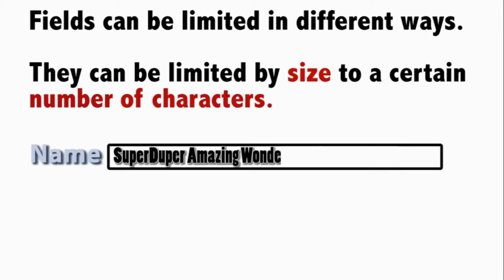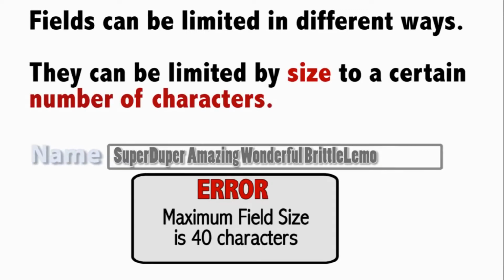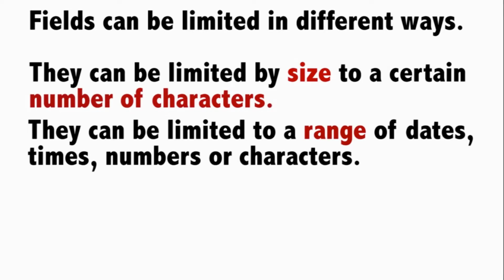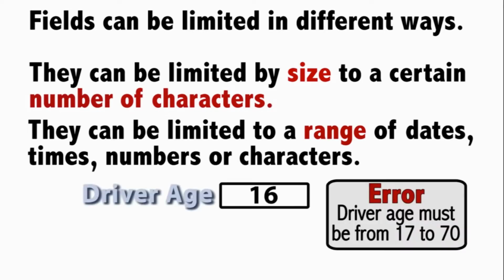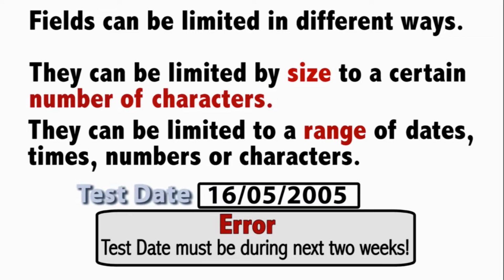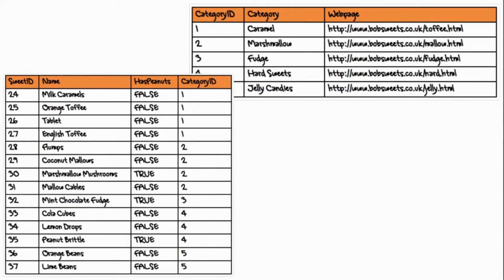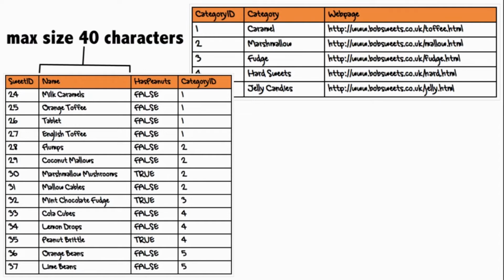The fields in Bob's database have a specific length or can store a specific range of numbers, dates, times, or characters. The name field of his sweet table has a field length of 40 characters. So the field cannot store more than 40 characters.